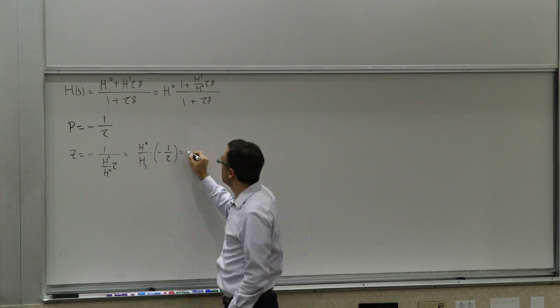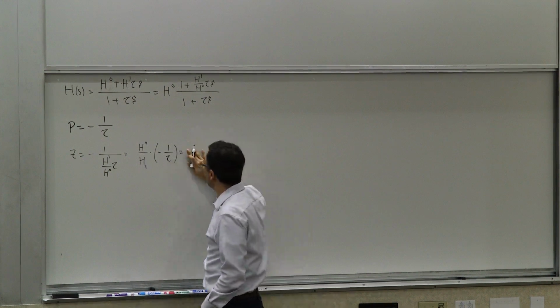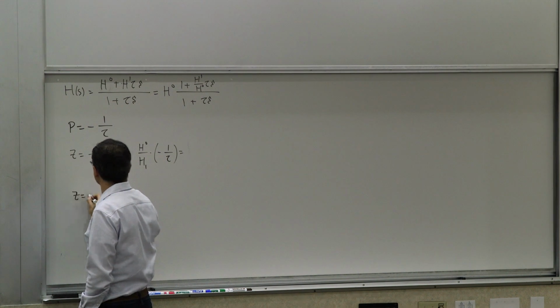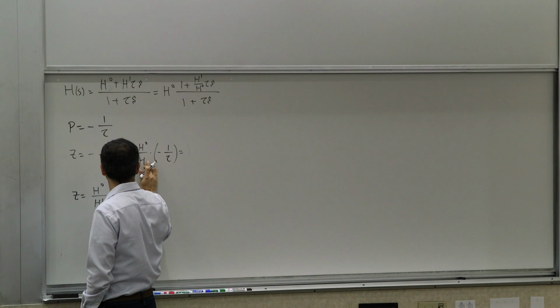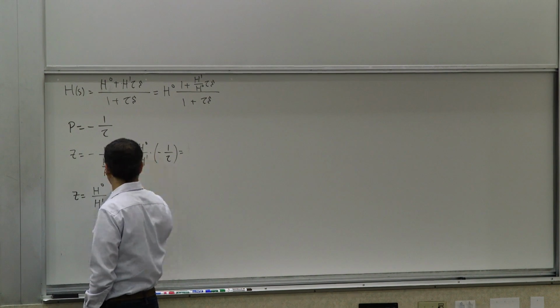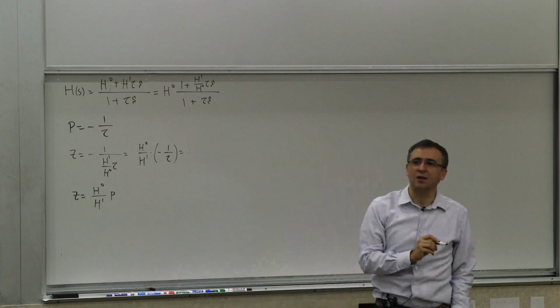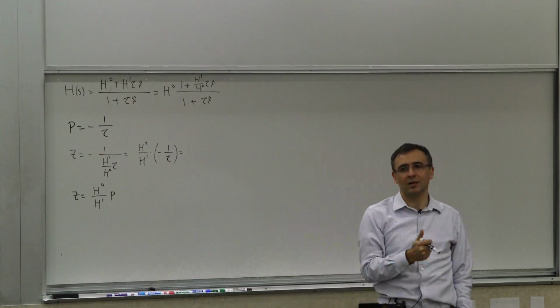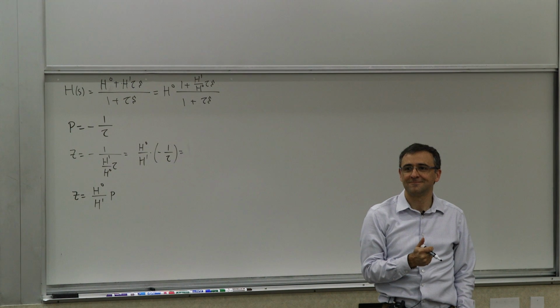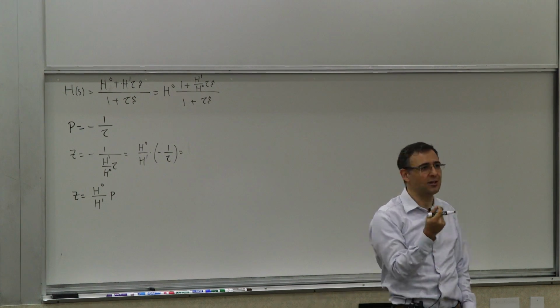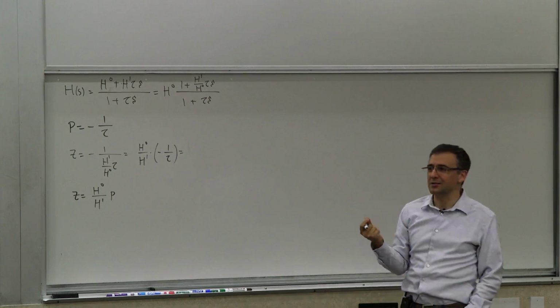Which is basically like saying the zero is h0 over h1 times p. So h0 and h1 give you the ratio of the pole and the zero.